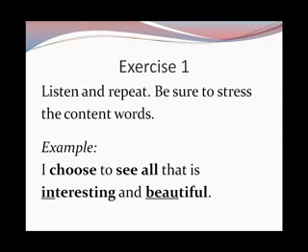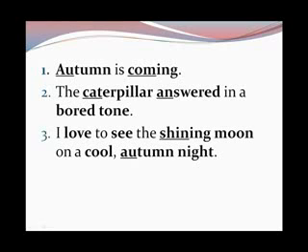Let's move on. As I read, I'm going to use the mouse to help you sense the rhythm of each sentence. Number 1. Autumn is coming. 2. The caterpillar answered in a bored tone. 3.